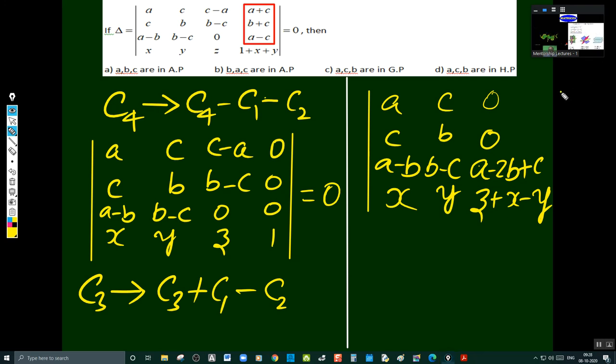Now I think it is done. 0, 0, 1. A and C is the answer. I think it should be A and C, na? Yeah. It is comfortable now because two more zeros are there.